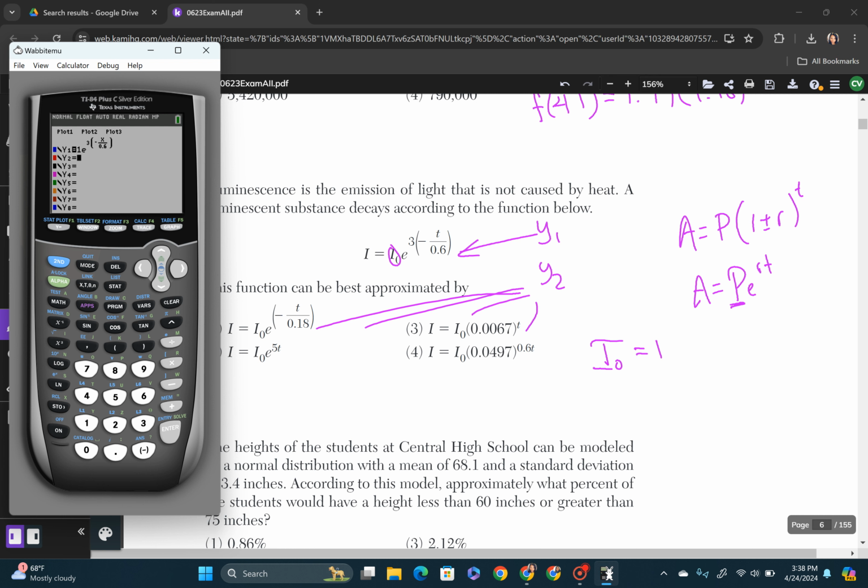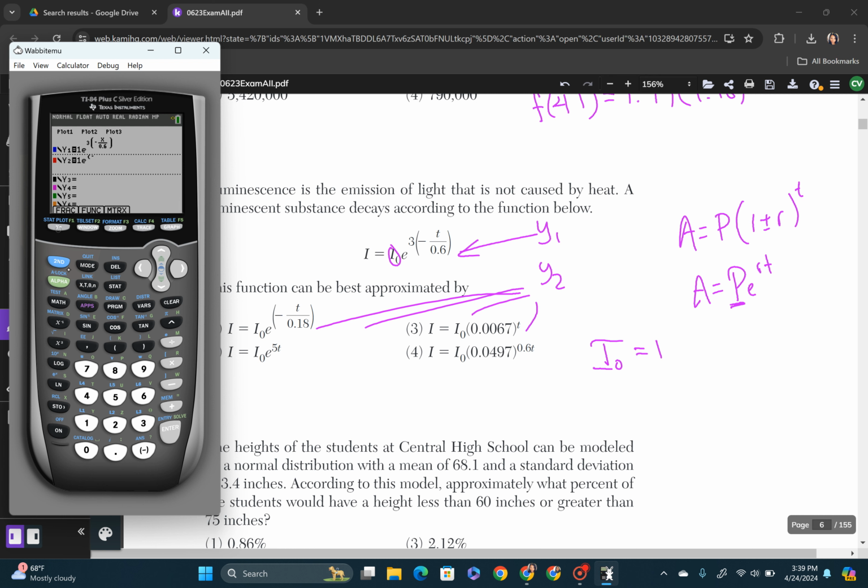So when I plug in each of the other ones, again I'm going to go 1 for my I0, e to the, so second ln, and I put my negative sign. Well, I should have put my parentheses first, and then my negative sign, alpha y equals. I was wondering why that looks a little bit different.